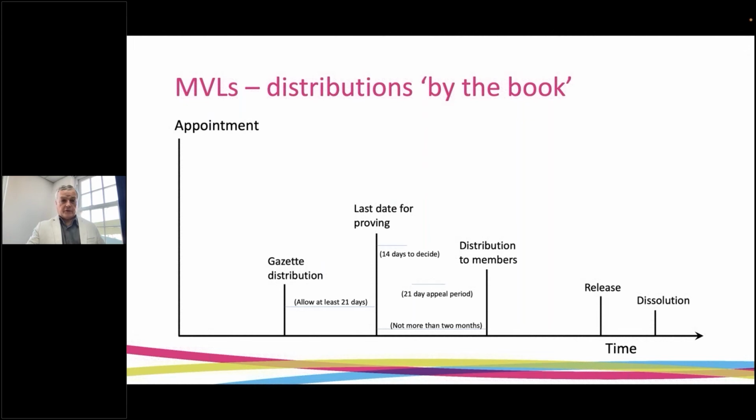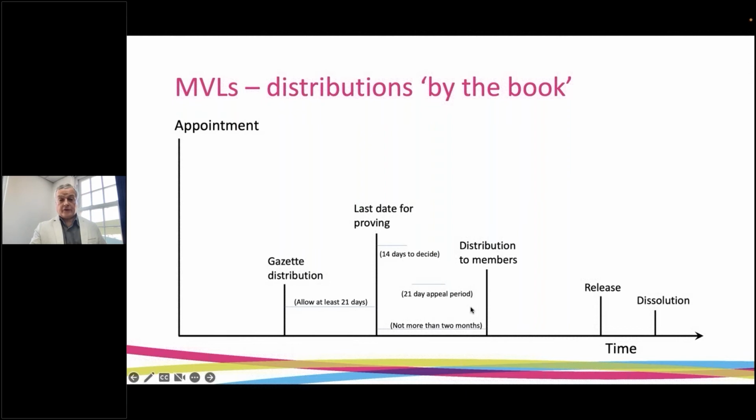This slide shows really the process for doing claims by the book. So following appointment, you will gazette the intention to make a distribution, and then at least 21 days later will be the last date for proving. Once claims have come in, you have to wait at least 2 months. Sorry, you should wait not more than 2 months before distributing to members, but within that time, you need to allow enough time for your own 14-day decision period, because you will have to make a decision on proofs within 14 days.